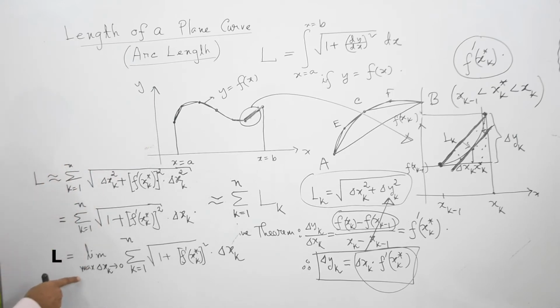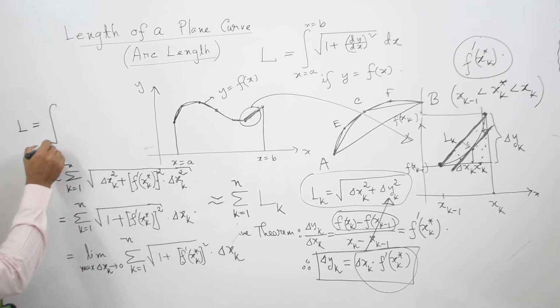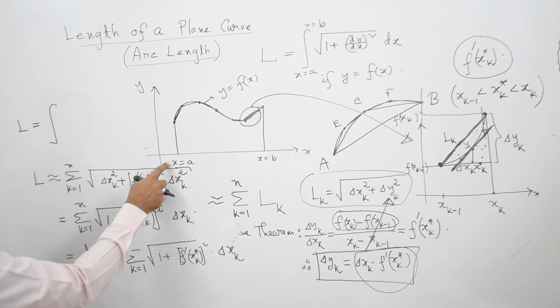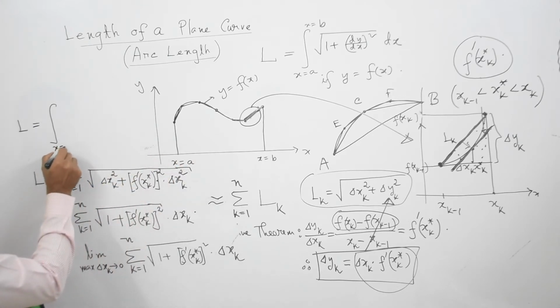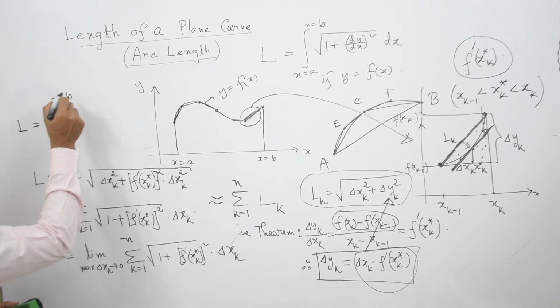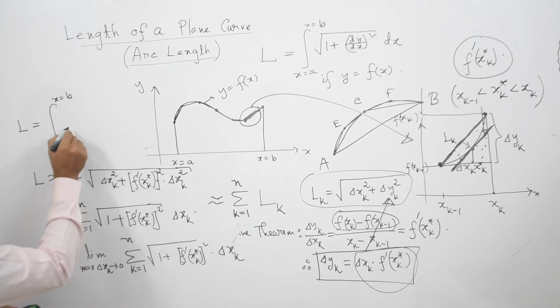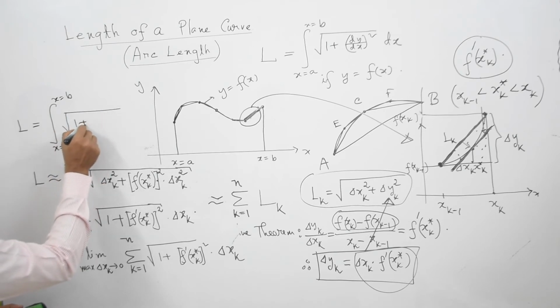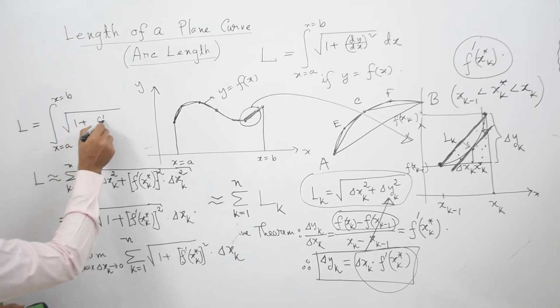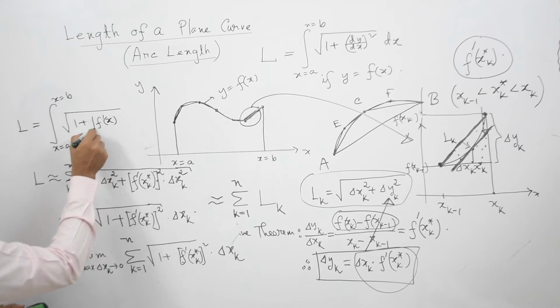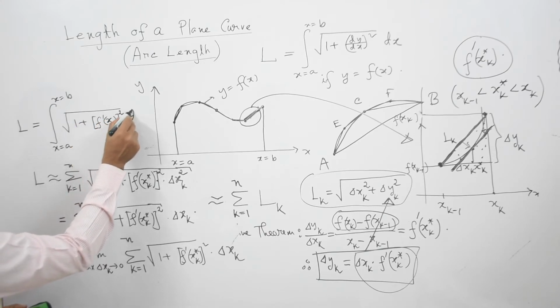This is the approximation, but if you put the definite integration, we have a relation between the Riemann sum and the integral, which is sometimes called the Riemann integral. So L equals the integration from x equal a to x equal b of square root of 1 plus f prime x whole square dx.